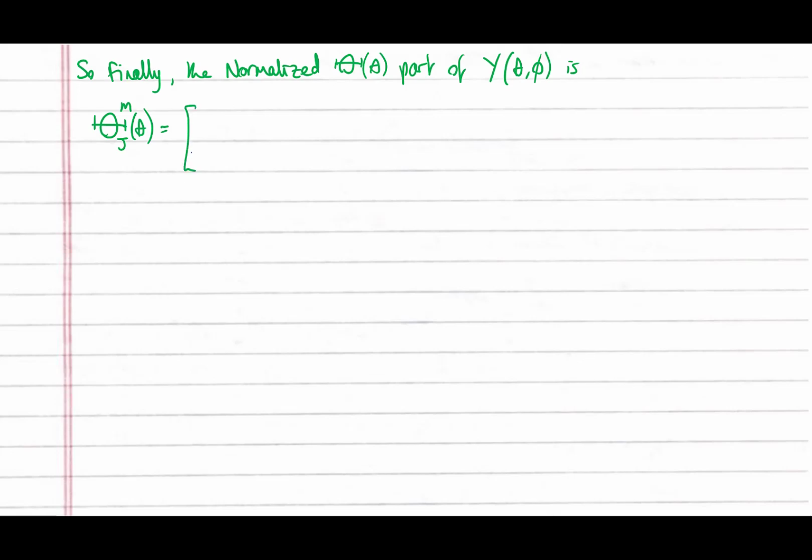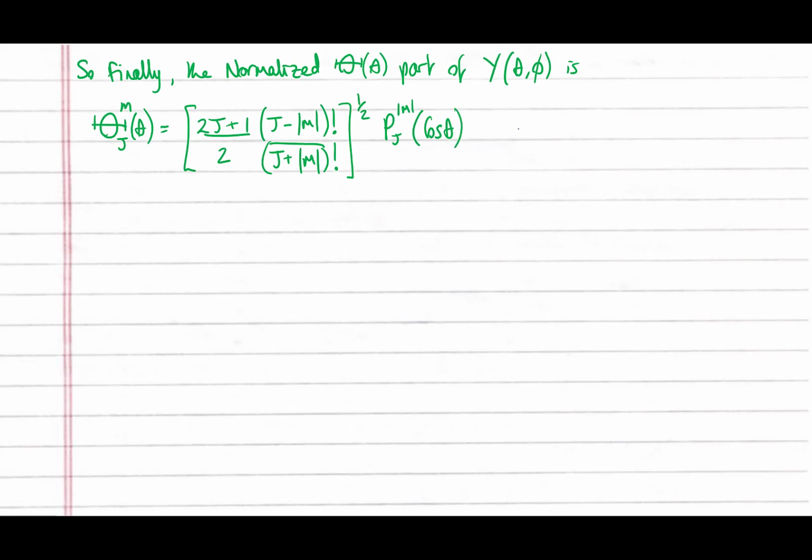And let's include now finally the normalization constant. So that's the square root of that multiplied by P_j with m as the superscript here, and that's that function of cosine theta.